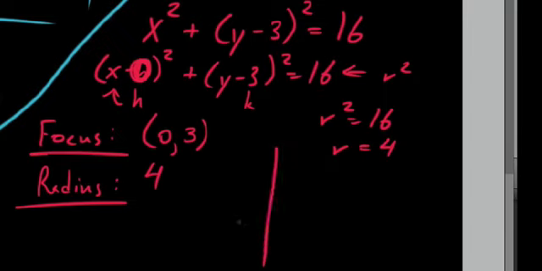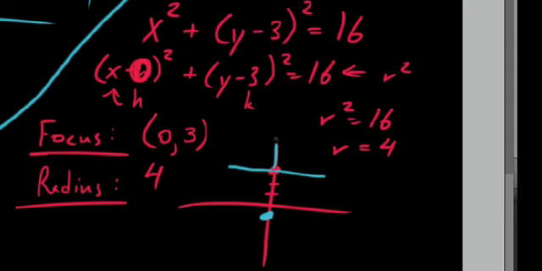Now sketching this, I've got a circle centered at (0, 3) with a radius of 4. So we could go down 4 from here, and maybe we go left 4, right 4, and up 4. Just be a little bit careful because I'm not a very good sketcher on this thing. But simply put, this is our circle right here.